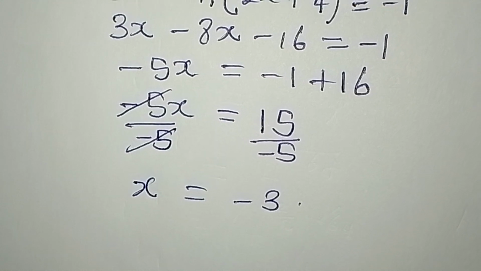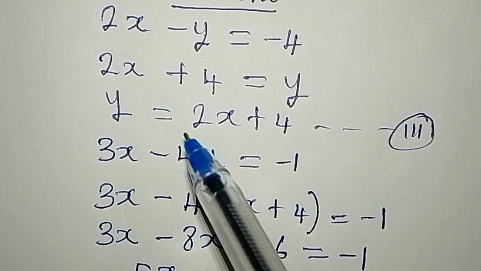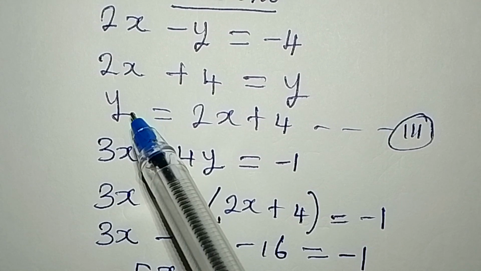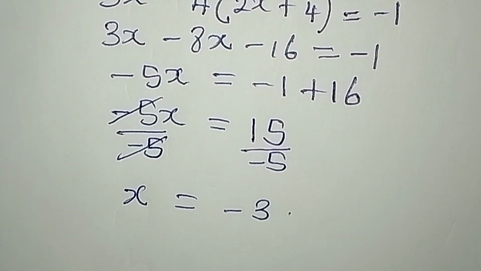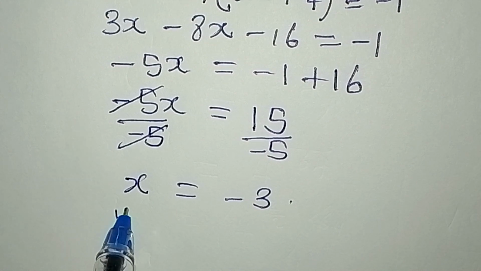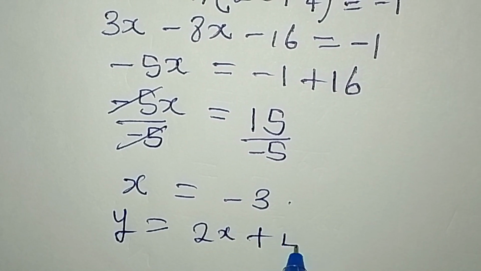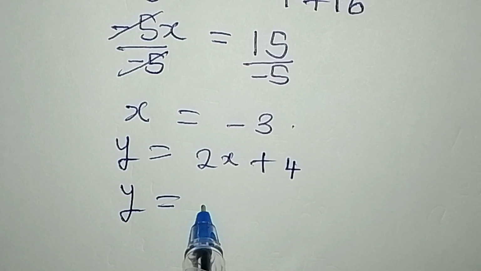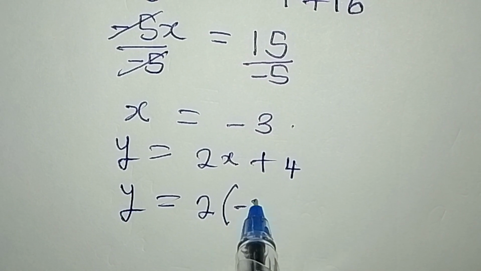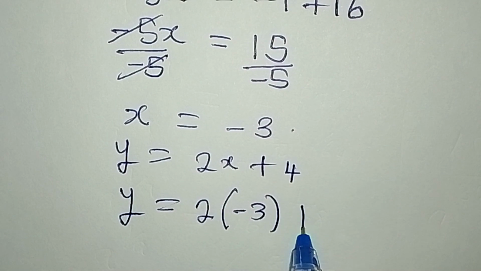But we're not looking for the value of x alone. Let's look at equation 3, where y is the subject. That is the same equation that will give us the value of y. So our equation 3 is y equal to 2x plus 4, right? So this means that y is equal to 2 into minus 3, because our x is now minus 3, then plus 4.